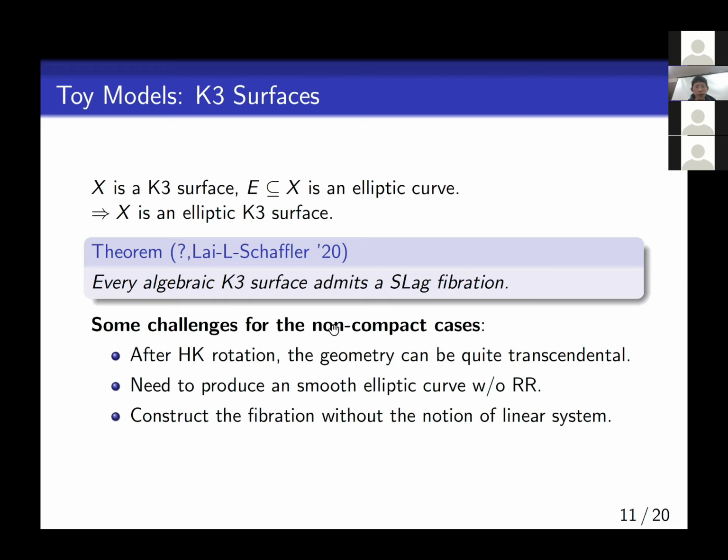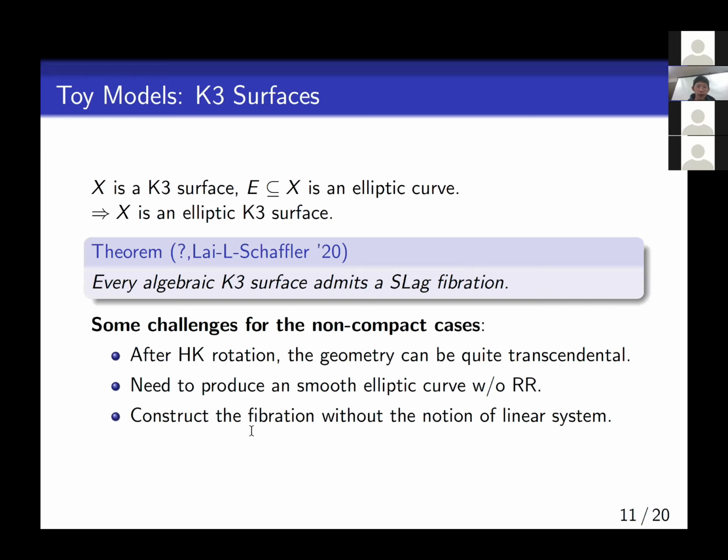And so if we want to deal with the non-compact case, there are a few difficulties. After hyperkähler rotation in general, the geometry can be very transcendental. Usually we start with some geometry we know, and after we do hyperkähler rotation, we lose control of it. And the second thing is that since this is non-compact, we don't have Riemann-Roch anymore, and so we need to produce a smooth curve.